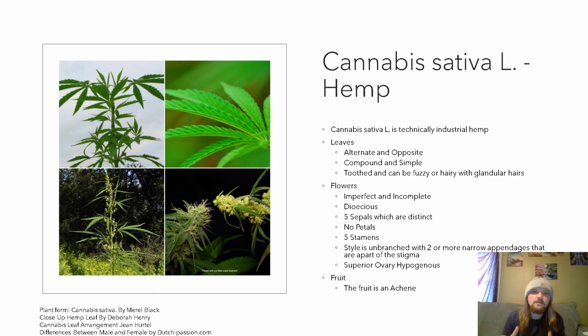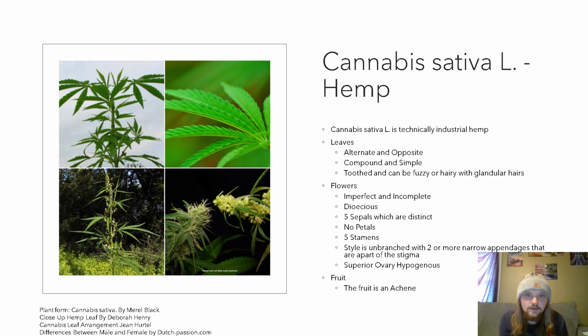It's debated whether it's all different genera or just subfamilies within the genera. There's Cannabis indica, Cannabis ruderalis, Cannabis afghani, all these other kinds of species or subspecies, and it's interesting to see where that classification will end up in the future.